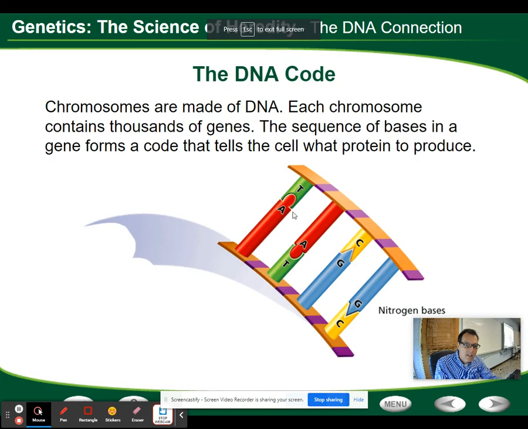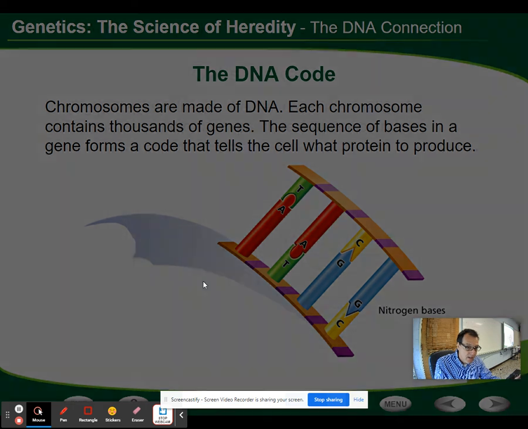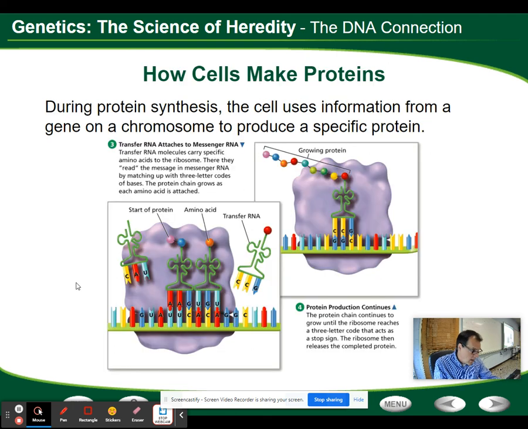Okay, so just to look at the DNA code, A binds with T, adenine binds with thymine, guanine binds with cytosine. And that code tells the cell what proteins to make, what type of trait to produce. And a trait is a characteristic. So it could be something as small as a protein within your body, or a physical appearance.